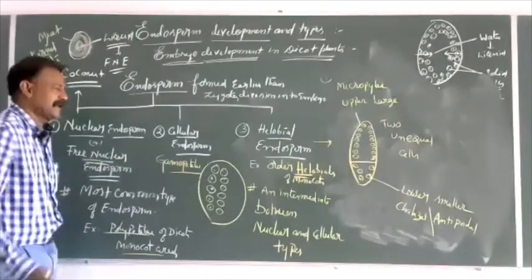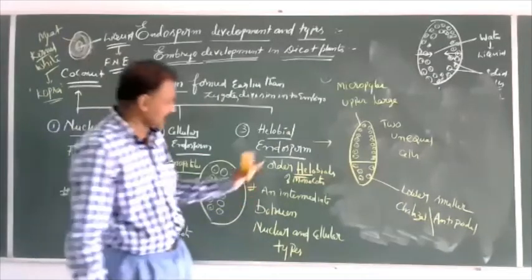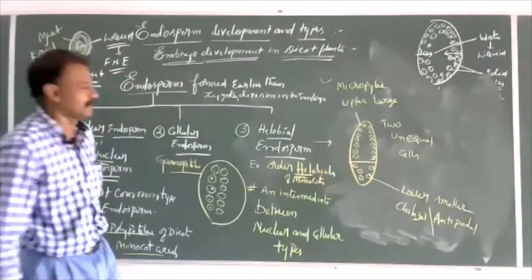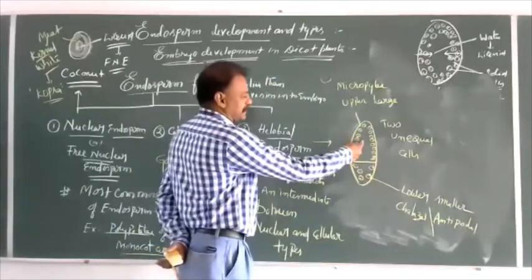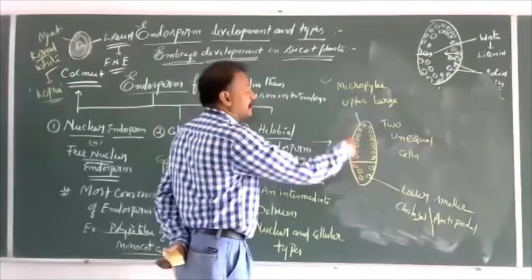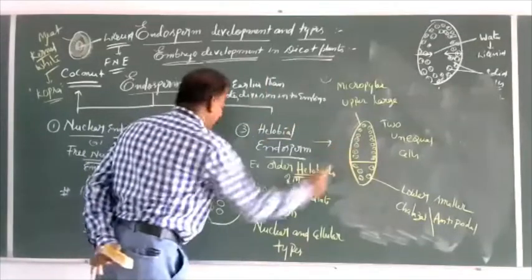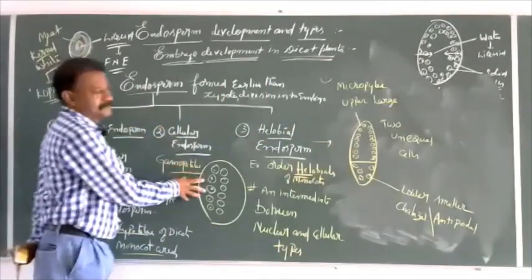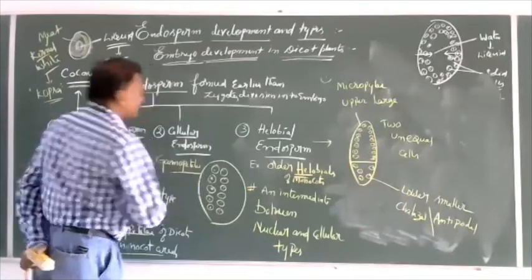They may ask the question, how many cells are there? Two cells. So it resembles the character of cellular. How many nuclei are there? Two nuclei. Gradually the upper cell first undergoes division to form free nuclei and later becomes cellular. So each cell shows free nuclear and cellular features. That's why it is called an intermediate between both types.